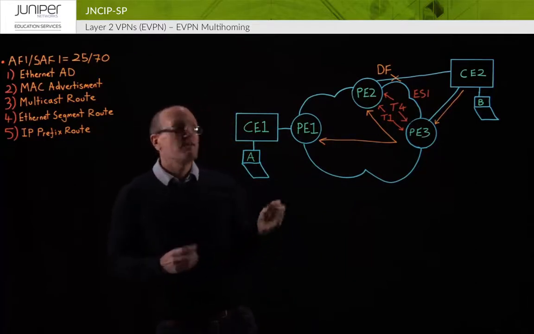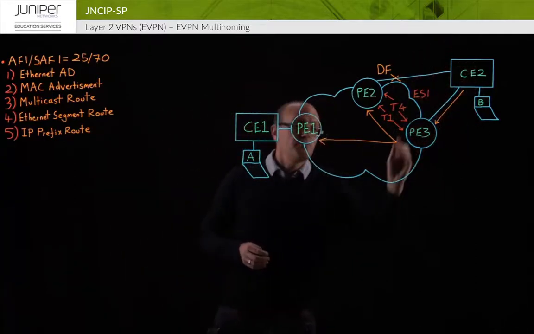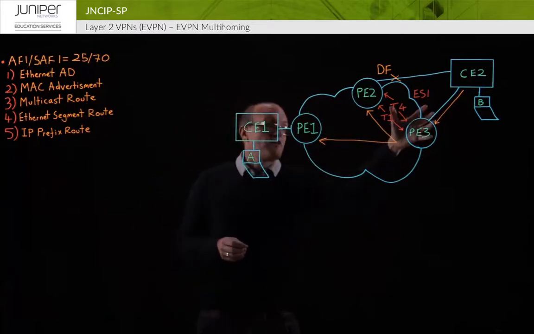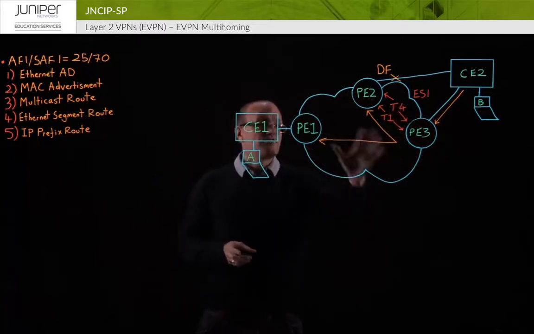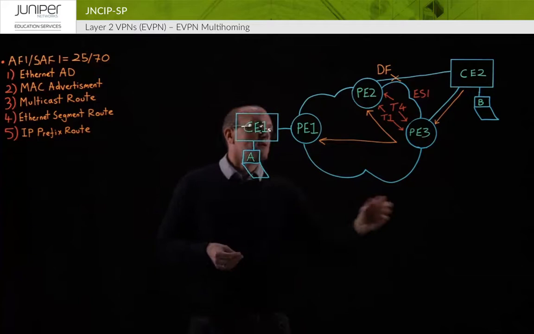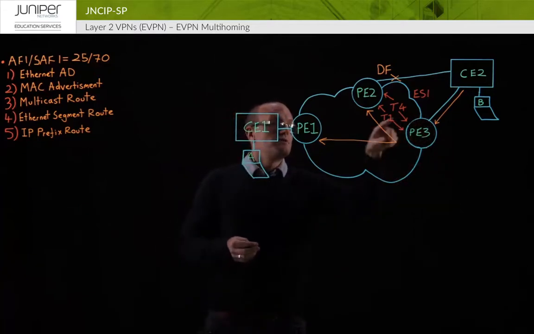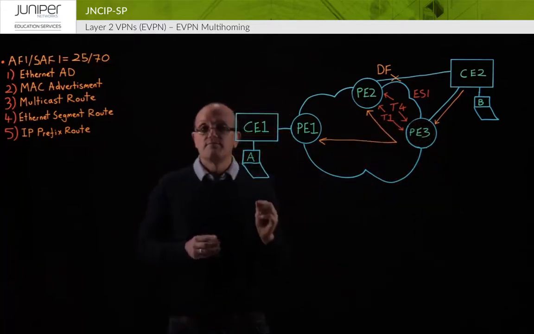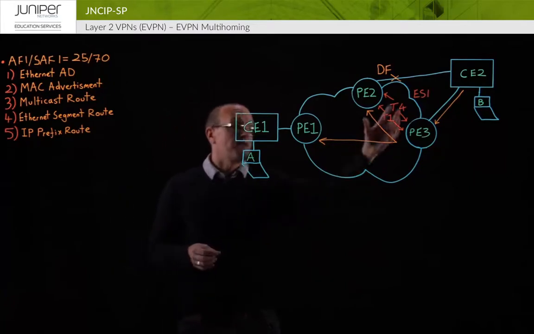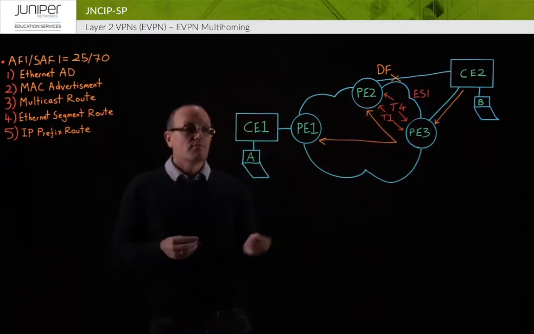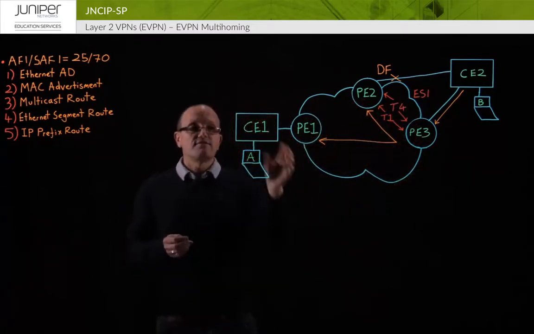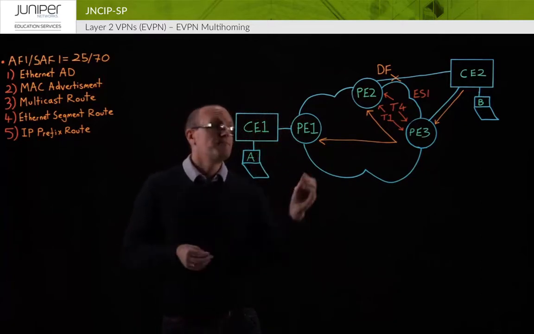So when traffic is received from CE2, when this traffic is sent into the multicast distribution tree, the label extracted from T1 is appended to the frames as they're sent. So these arrive and they get to CE1 fine.